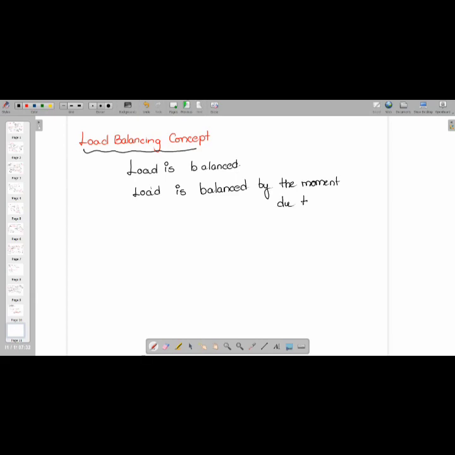Sir, see, suppose you have a section here, and if we consider this as the neutral axis, we have a pre-stressing force here, and this is a tendon.